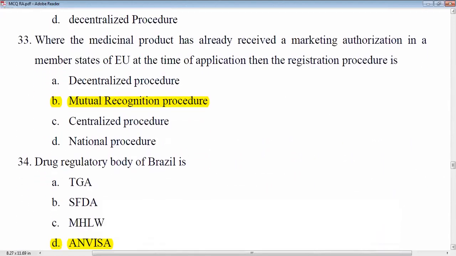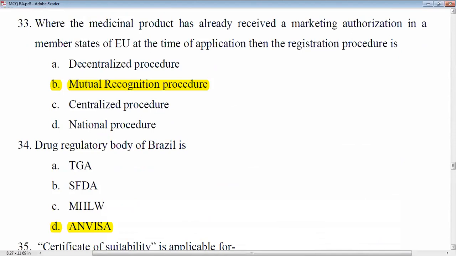Next multiple choice question is: where the medicinal product has already received a marketing authorization in a member state of Europe at the time of application, then the registration procedure is. Option A is decentralized procedure, option B is mutual recognition procedure, option C is centralized procedure, option D is national procedure.